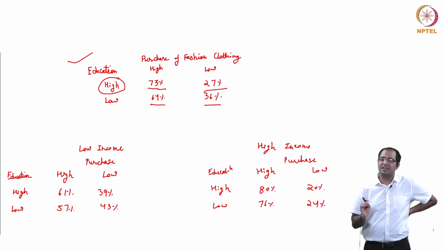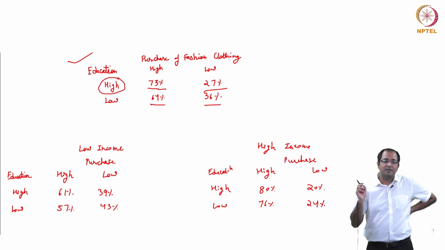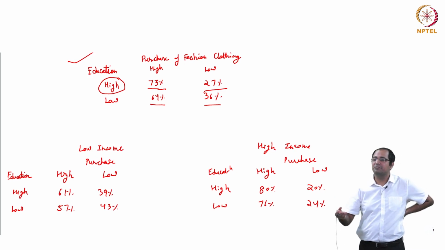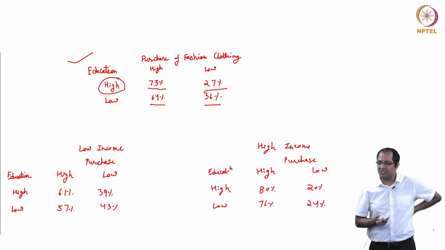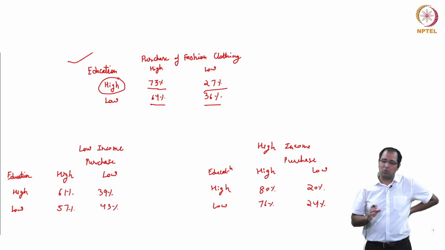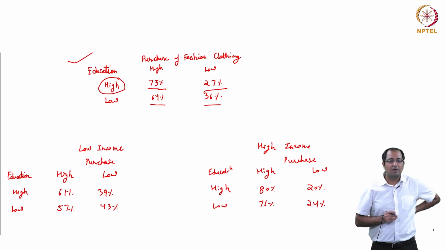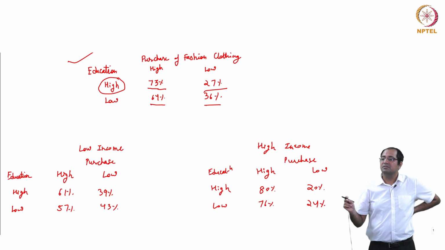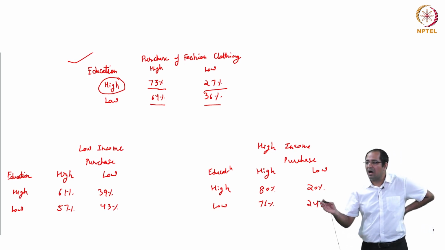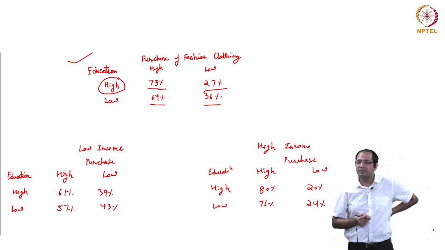So there is some chance that we can say that with high education, there would be more chances of purchasing fashion clothing, right? One would be compelled to conclude that high education would lead to high purchase of fashion clothing just by looking at this possible correlation.